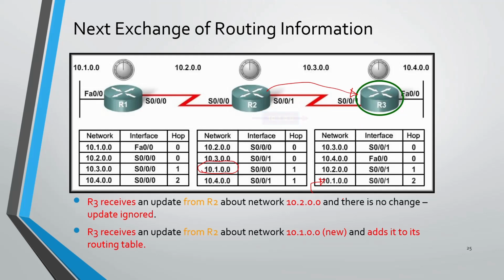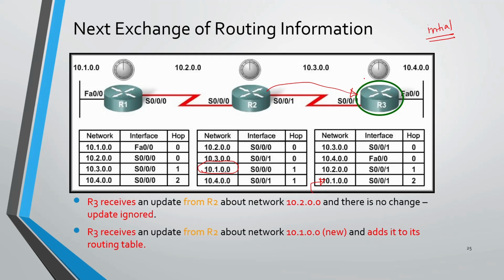So using this exchange of information, what can we say about the initial routing table at the very beginning? Which network information can I see in my routing table? At the very beginning, when the routers are just powered on, which information is visible in the routing table of the router?